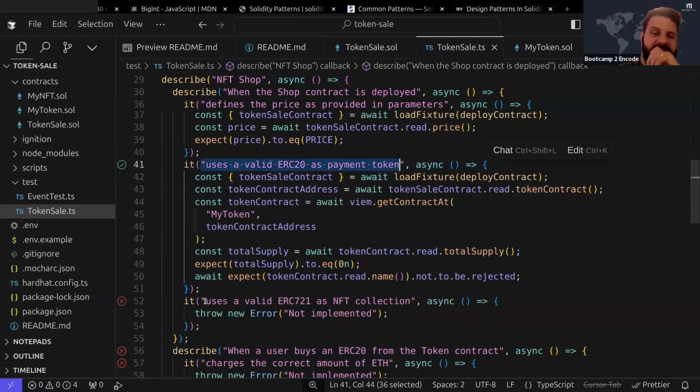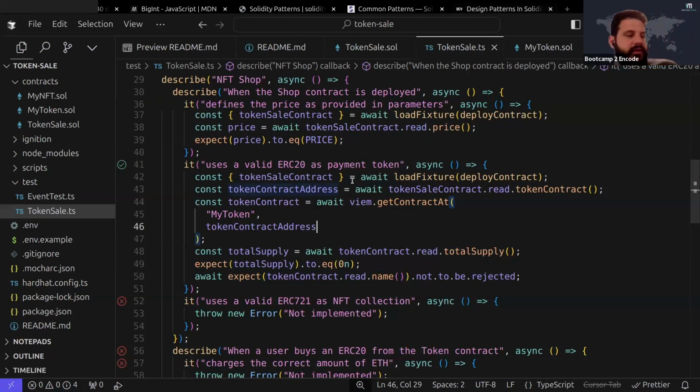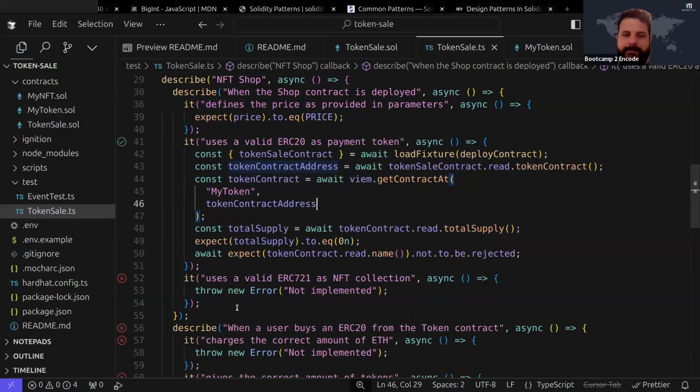Here I could do the same thing for the 721 for checking if I do have an NFT collection there. With NFTs, I have owners of tokens. I have the URI of that token. There are special methods that I could test there. Okay. Yes, others. Forgetting those awaits is very, very common.